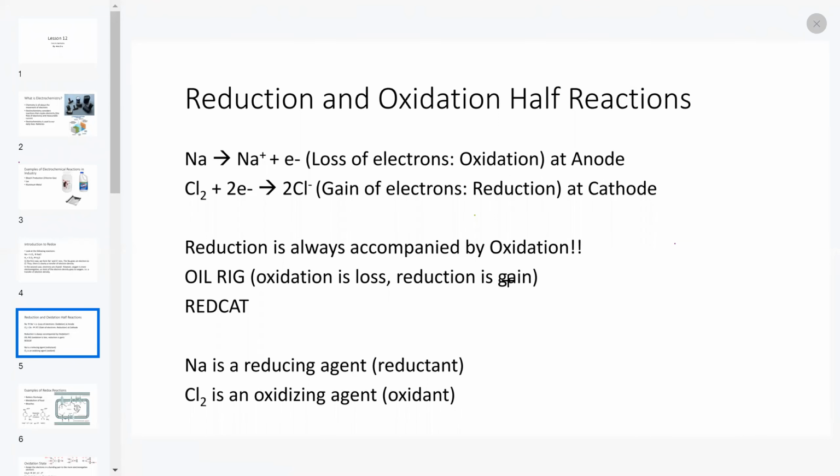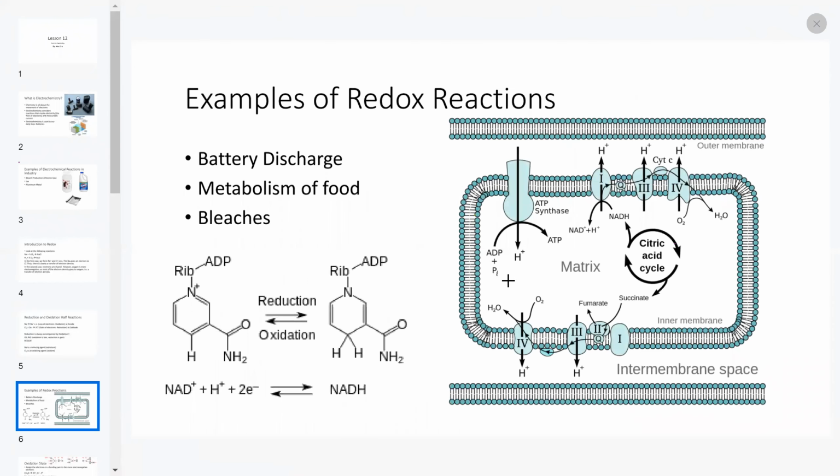Okay, so what are some examples of redox reactions? If you've taken a biology class, you might recognize this picture. So here we have basically what happens inside of the mitochondria.